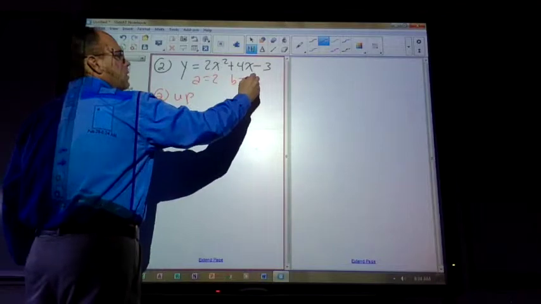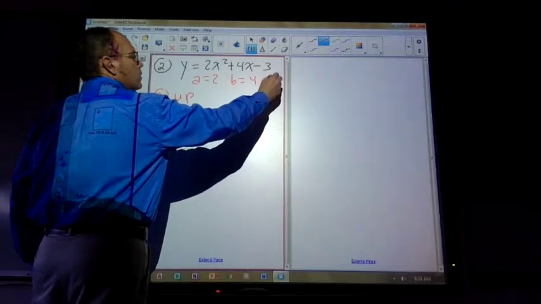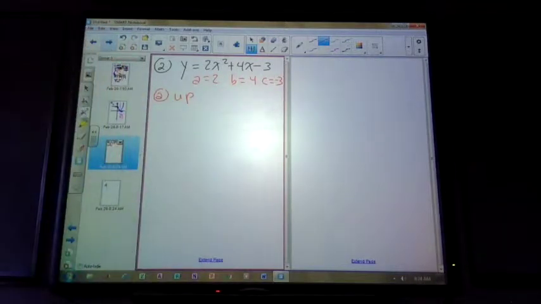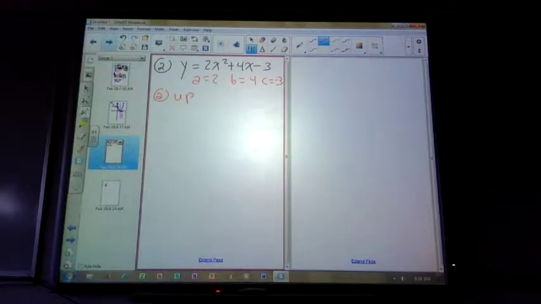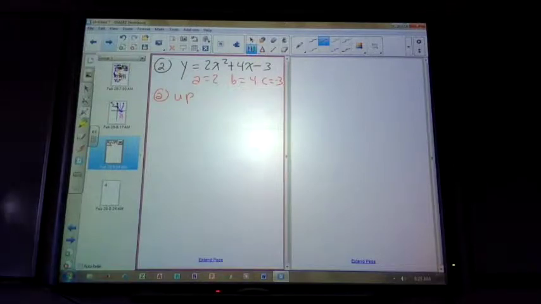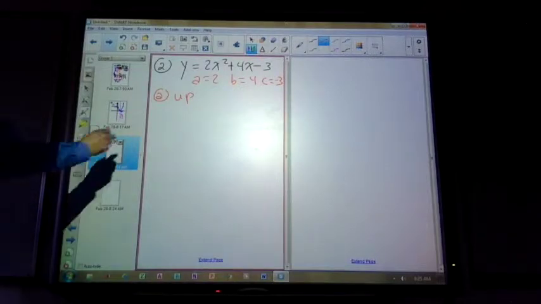What's my C value? Negative 3. Is that okay? So A, B, and C we can do. I know this opens up because my a value is positive 2. Next step is use x equals negative b over 2a to find the x component of the vertex.